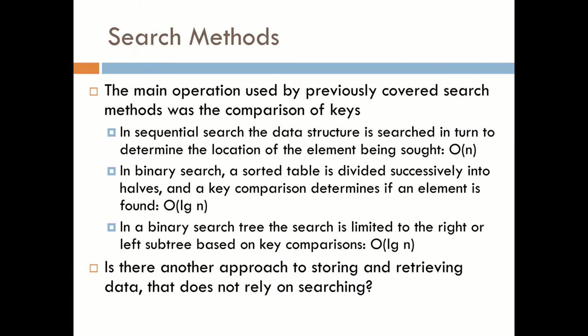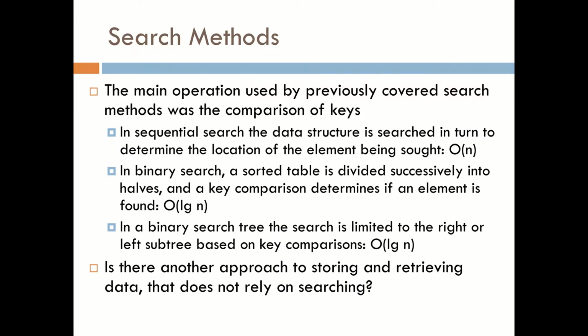And a binary search tree is pretty much the same as binary search in an array. Binary search tree will allow us to restrict ourselves to only the left subtree based on the value of the node that's at the root, or the right subtree.